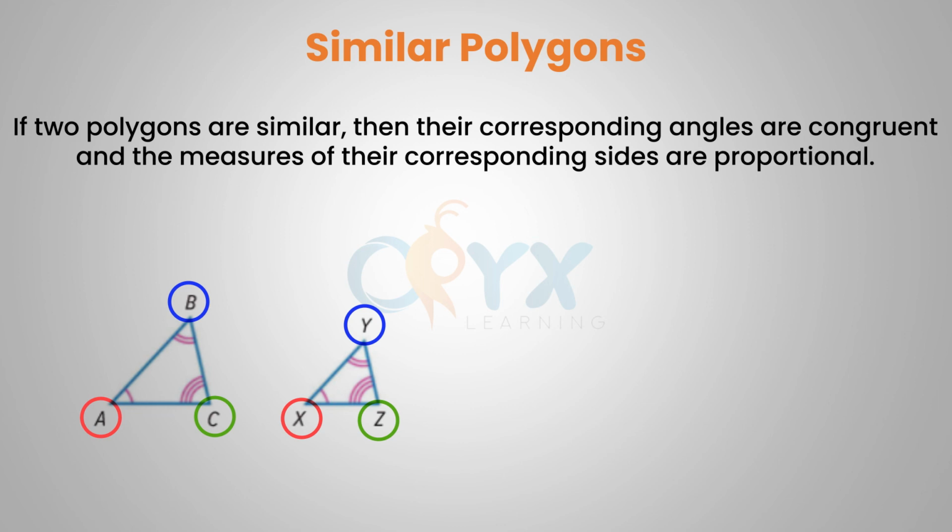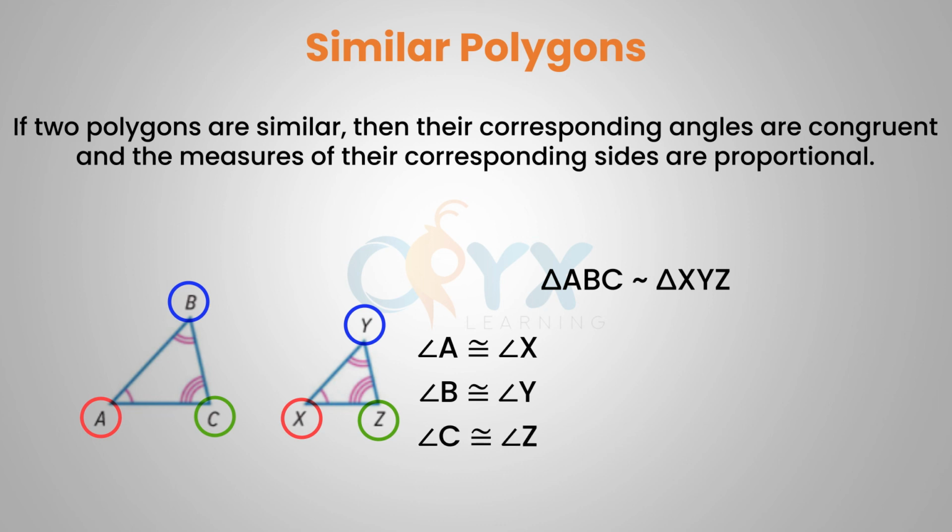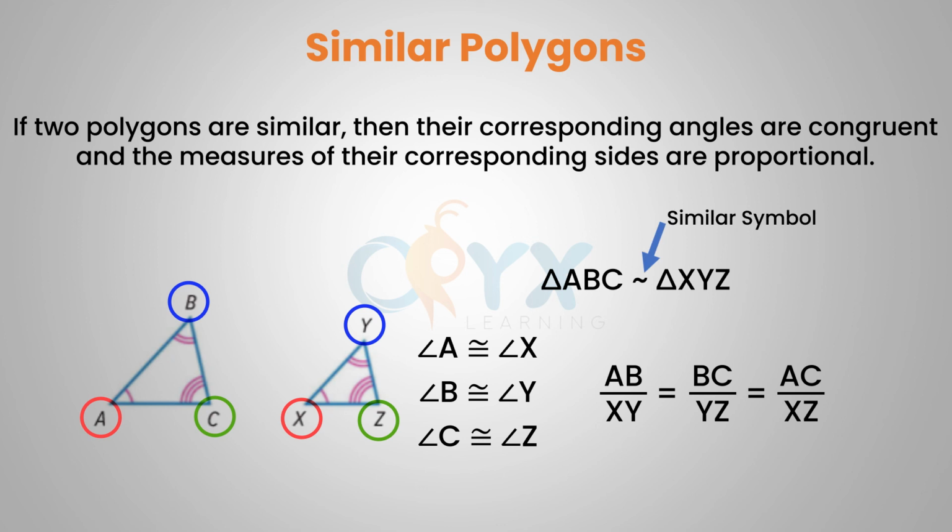In the image shown, triangle ABC is similar to triangle XYZ, which means angle A is congruent to angle X, angle B is congruent to angle Y, and angle C is congruent to angle Z. That also means the sides are proportional, so side AB over side XY equals side BC over side YZ, which equals side AC over side XZ. And remember, the similarity symbol is the one shown.